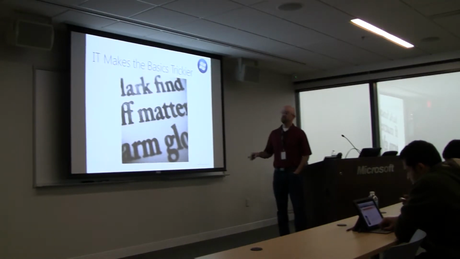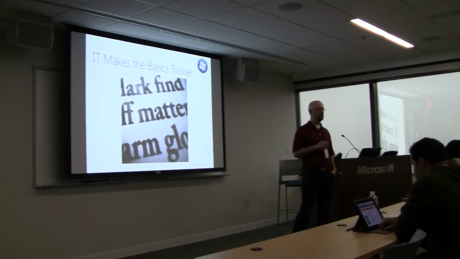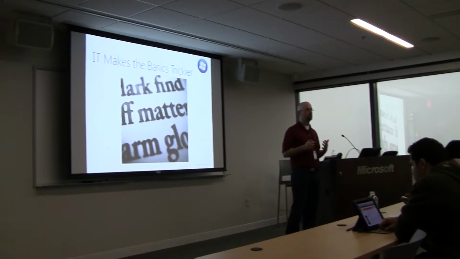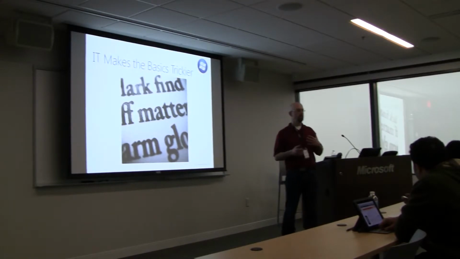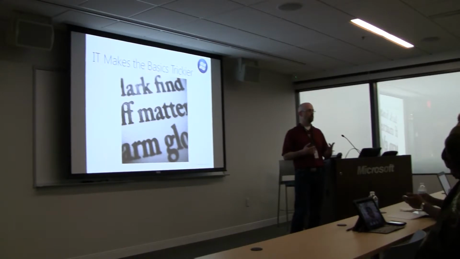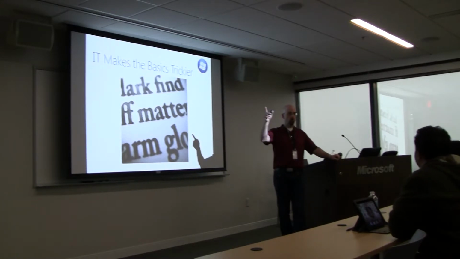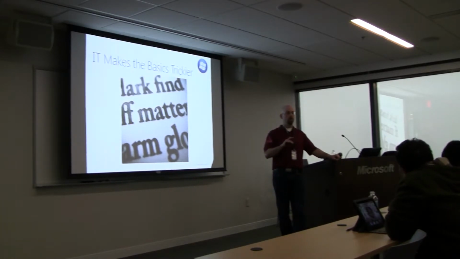It does make the basics trickier, things that we take for granted, like printing and shared storage. If you have printers in your organization that you email, you have the ability to email a document to that printer to have it printed. Well, when your email server is now hosted out somewhere in the cloud, you have to understand how to configure the SMTP server on that printer.